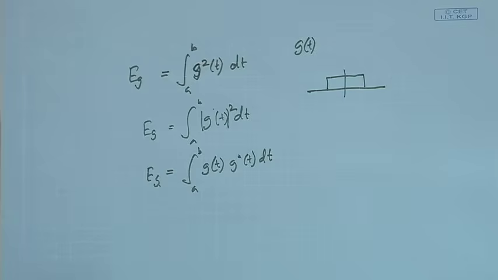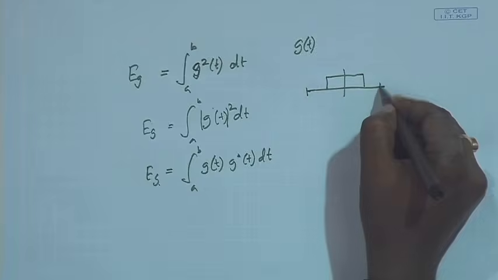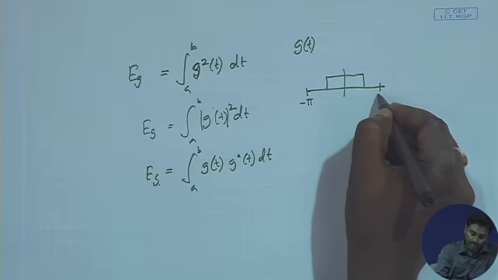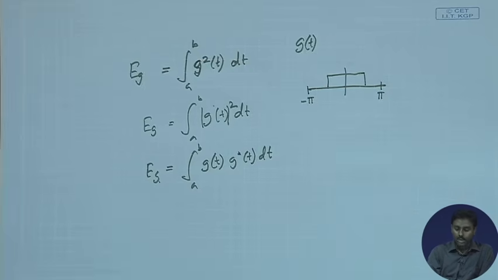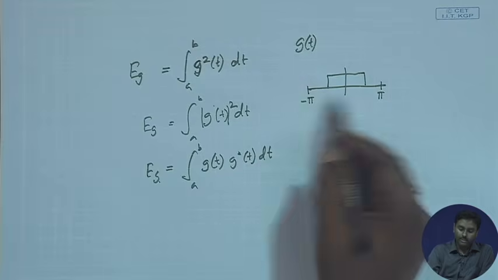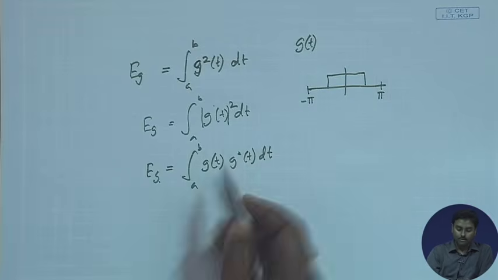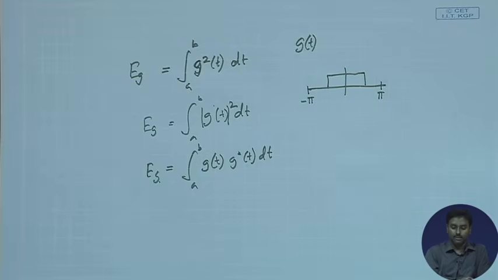But if we take the definition from minus pi to pi, then it is an energy signal, and within this we can still define the energy of this signal. So, if you wish to calculate the energy, you can just integrate g squared from minus pi to pi.